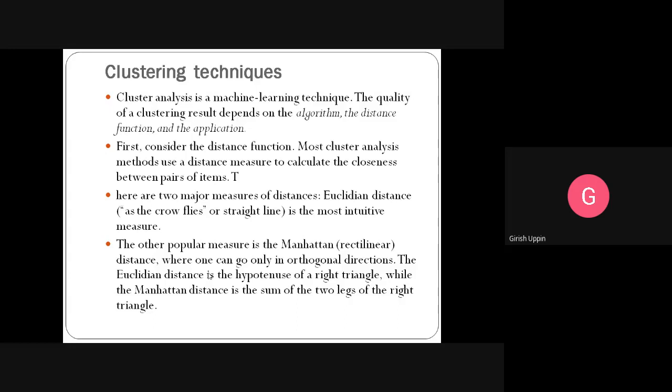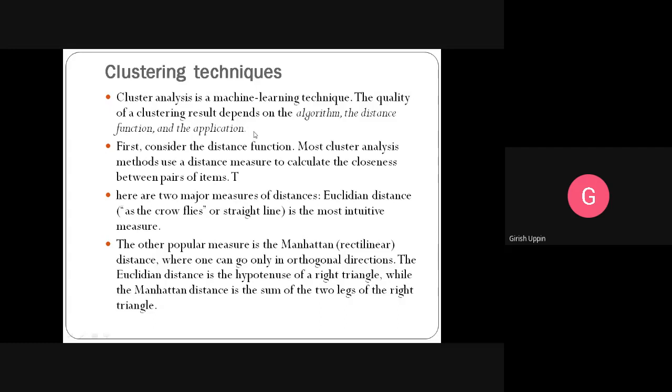So, as we already said, this is an unsupervised machine learning technique, and when we say quality of the clustering, it means how well you have grouped those data points. It depends on the algorithm itself, what kind of distance function you are using, because using the distance function you are going to find the similarity, and what kind of application you are using it for.